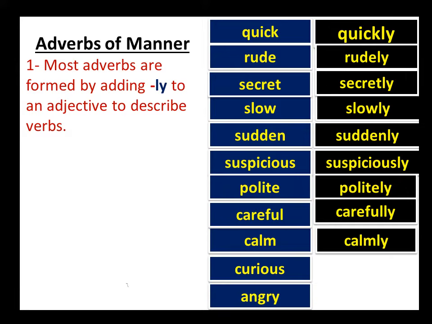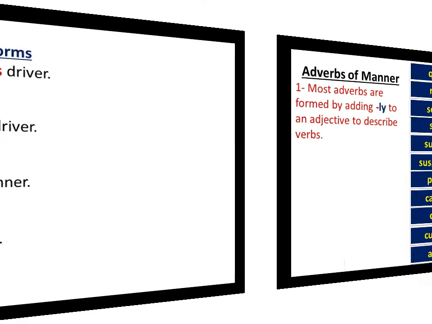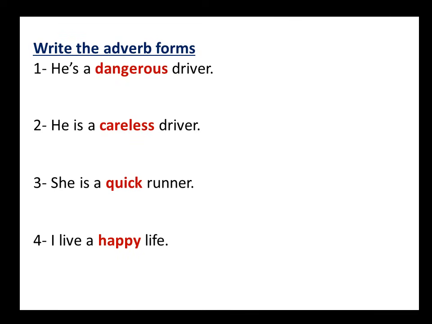Calm, calmly. Curious, curiously. Angry, angrily. So number 1, when we want to make adverbs from adjectives, we add ly at the end of adjectives. Look at the examples, write the adverb forms.